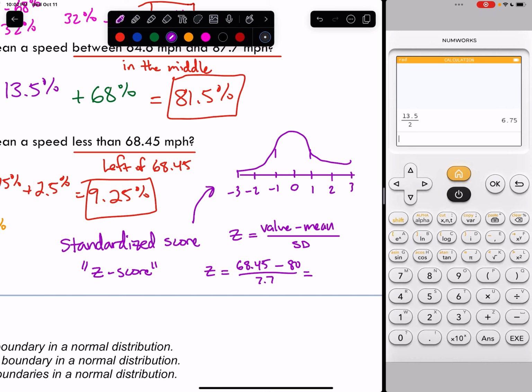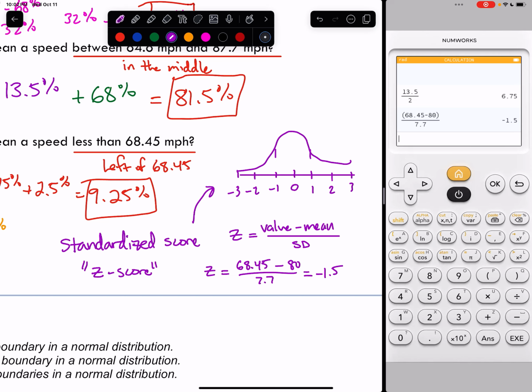So if we do this in a calculator, I'm just going to use the basic calculator on the right. I'm going to put parentheses, 68.45 minus 80, close the parentheses, divided by 7.7. You see our fraction looks basically the same as it does on our notability, but it just has the parentheses on top, which is fine. I'm just going to hit execute, and it tells me that is -1.5.